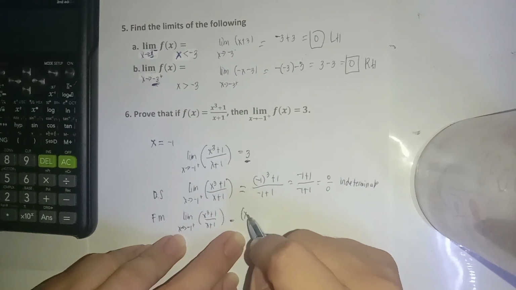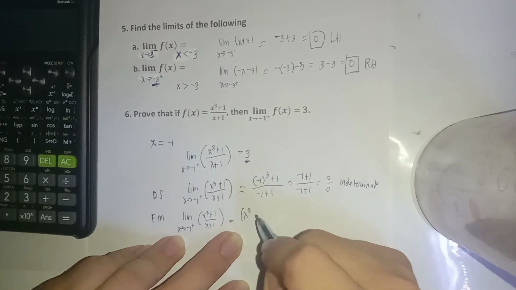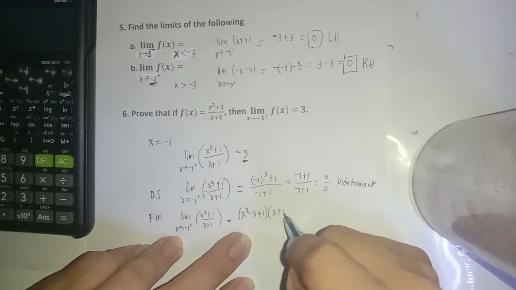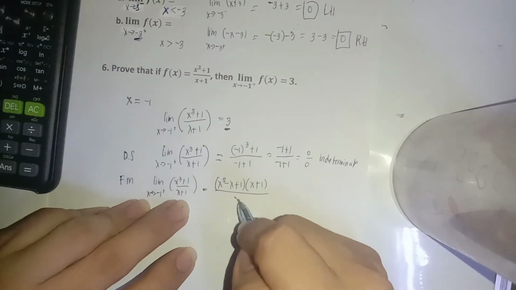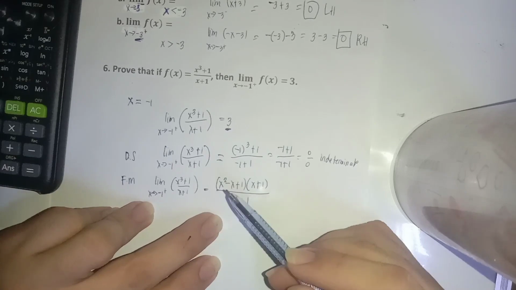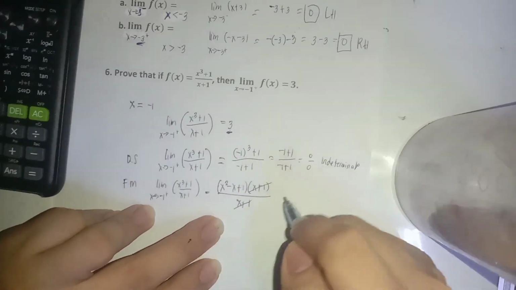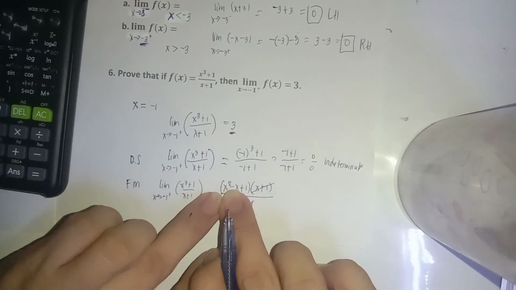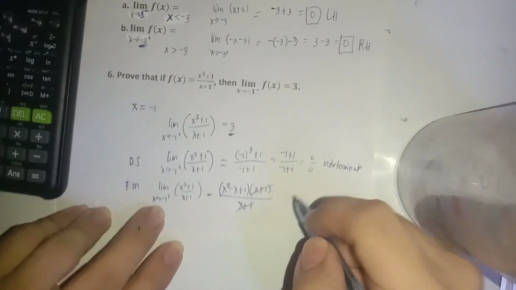We have factors of x cubed plus 1 is x squared minus x plus 1, and we have x plus 1. Okay, so ito yung factors ng x cubed plus 1. Copy lang yung nasa baba. Magkakaroon ba ng cancellation? Yes, the term x plus 1. So may iwan na lang si x squared minus x plus 1. So ito yung gagamitin nating function instead of this function using your factoring method.